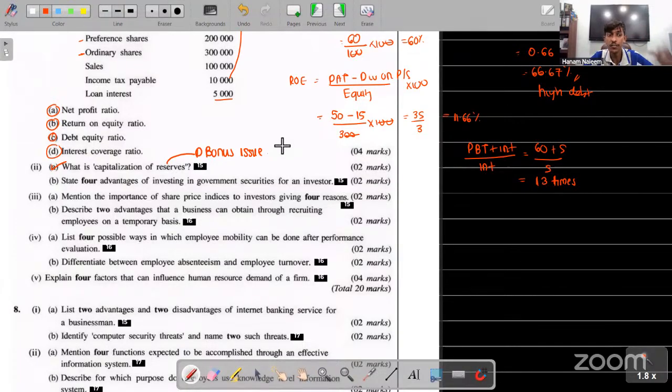So what will happen now? The investor shares will increase. So usually for investors, the bonus we give is new shares. To give new shares, we use the reserves, the money in our reserves, the profits. So what happens? The reserves will decrease. Your share capital will increase. Okay, capitalization of reserves. You are converting the reserves into share capital.